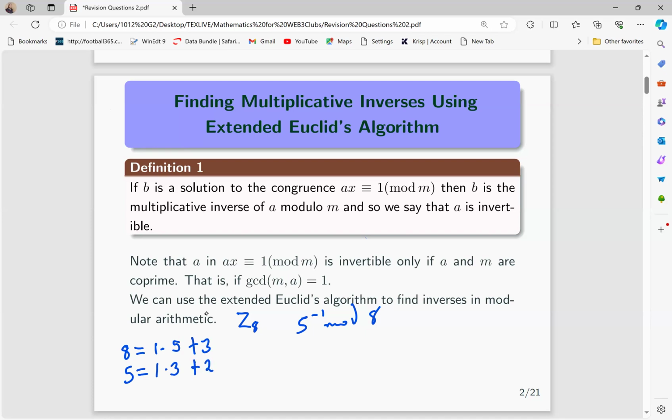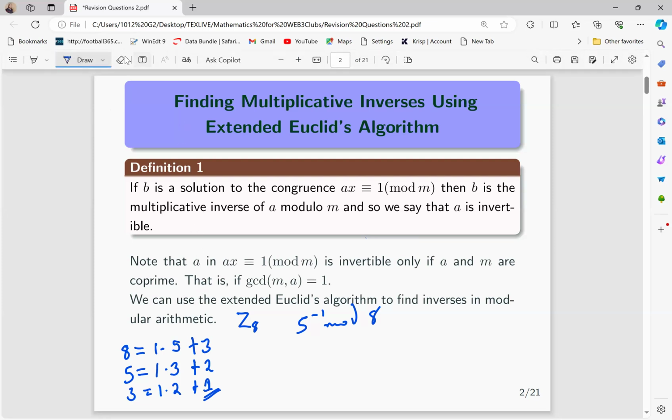What about 2 into 3? It goes there once, and the remainder will be 1. And you know that this 1 is the GCD. After that, we use the extended Euclid's algorithm to find the inverse of 5.